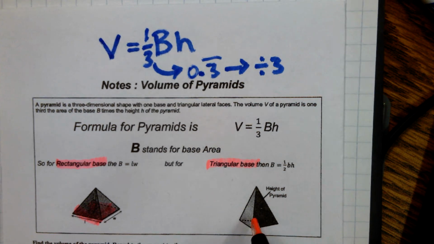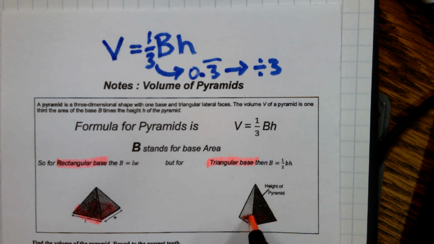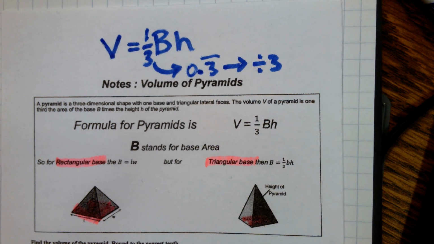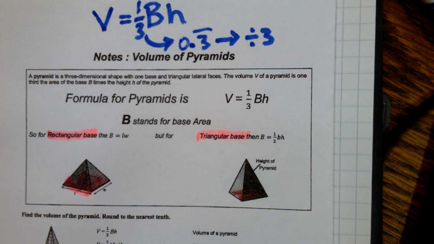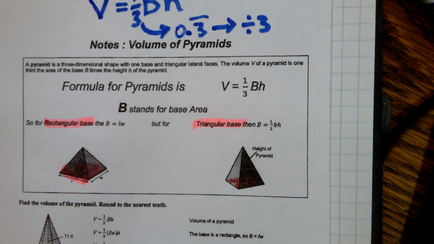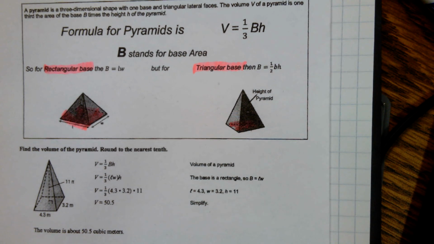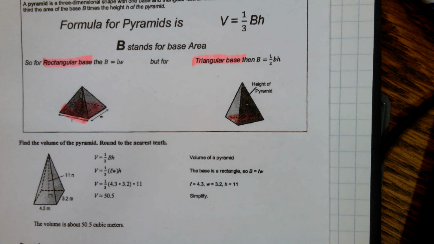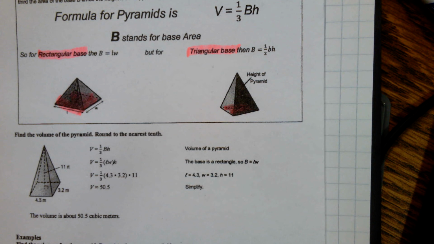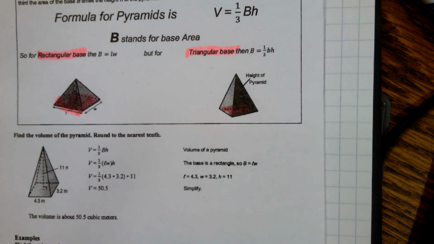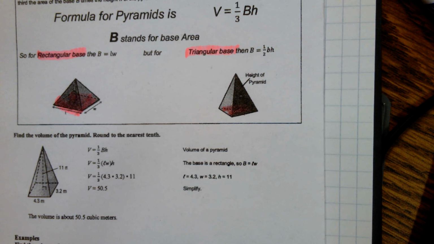It's a little harder to shade this in, I'm going to try to shade this in. But you're always going to be looking at the bottom to figure out what kind of pyramid we have, triangular or rectangular. So they give us a formula here for rectangular pyramids.